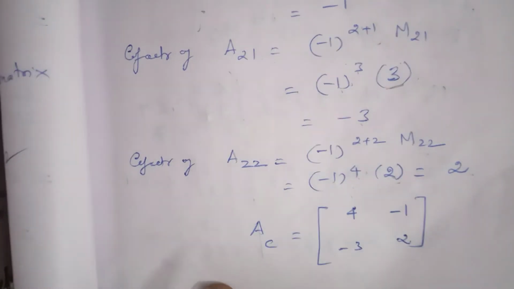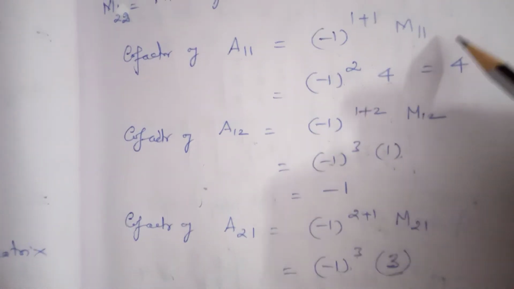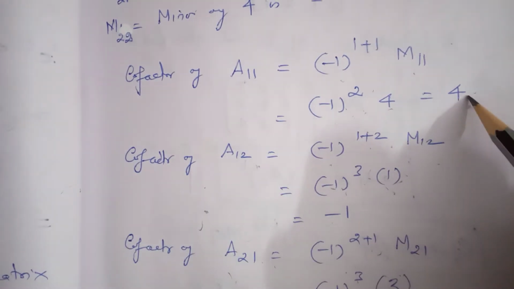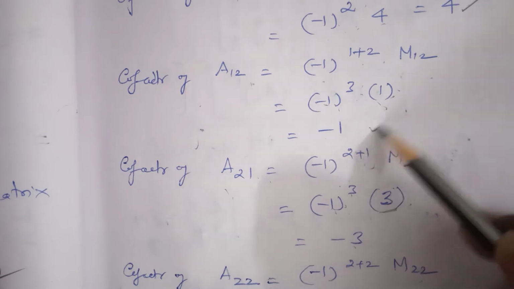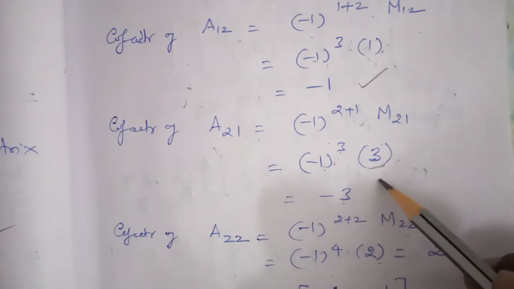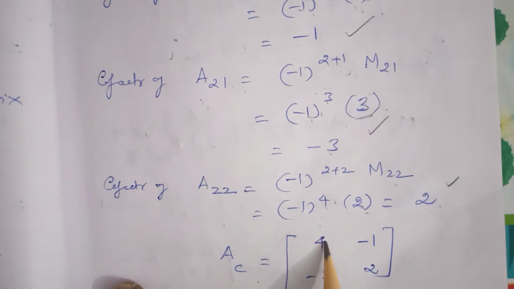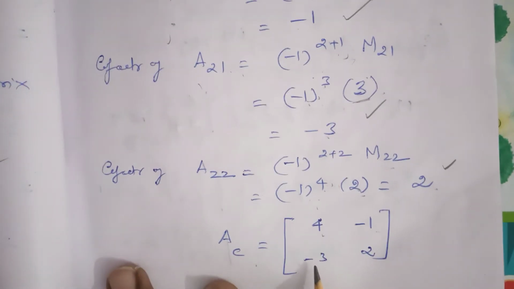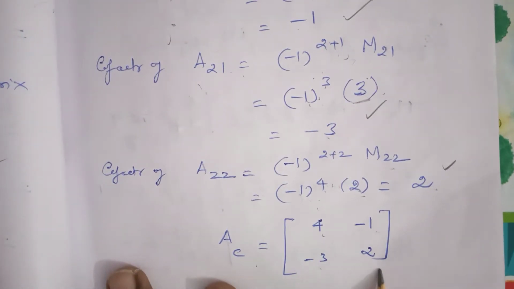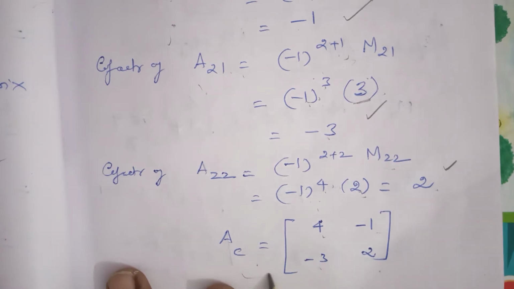We arrange all the values: the cofactor of A11 is 4, A12 is minus 1, A21 is minus 3, and A22 is 2. So this is A complement.